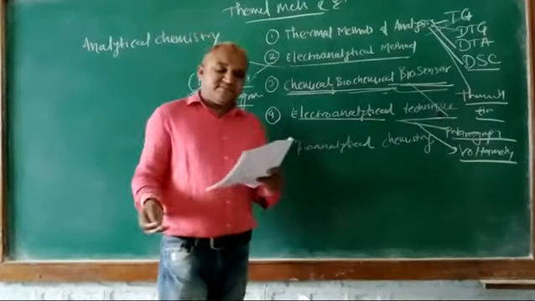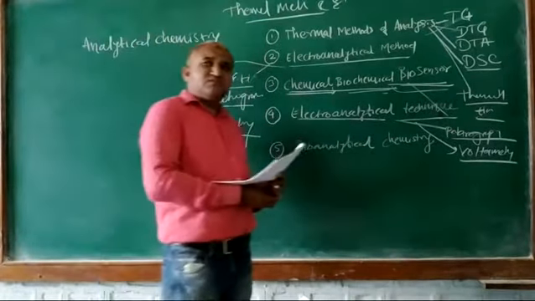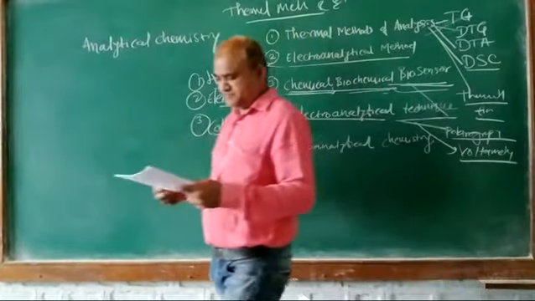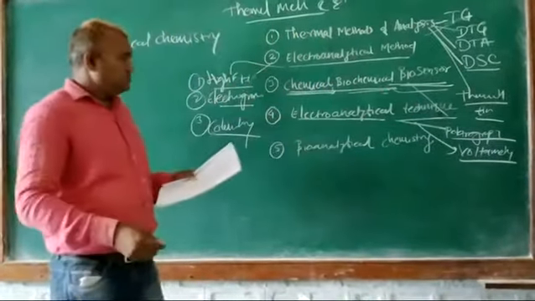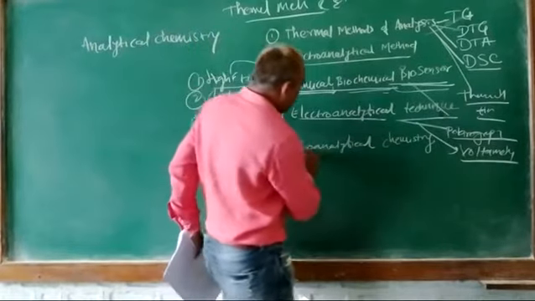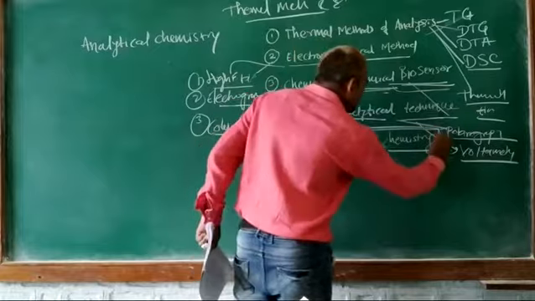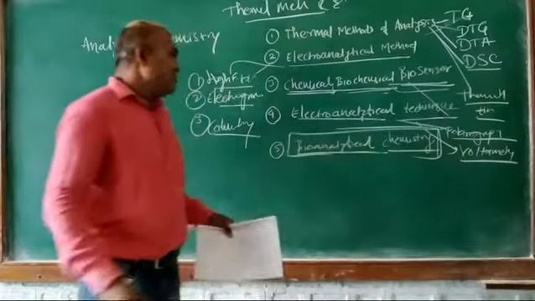In bioanalytical chemistry, we will see how our instruments are useful in bioanalytical techniques. Suppose in a biochemistry lab, we already use analytical instruments. We study these instruments in bioanalytical chemistry.